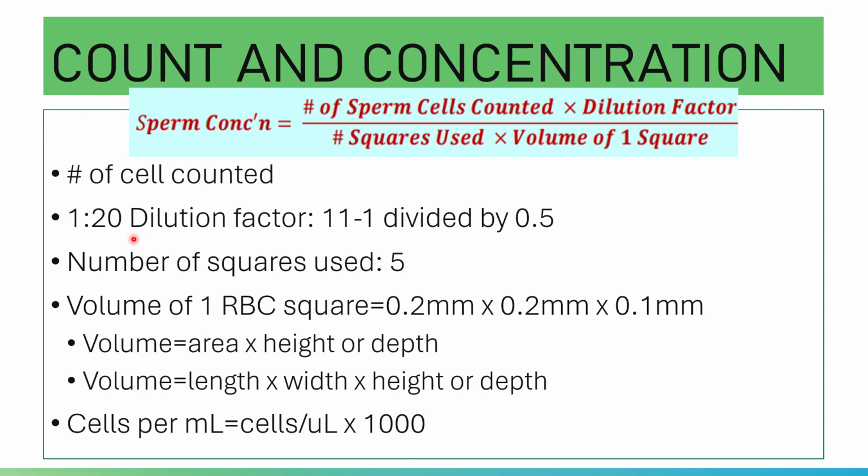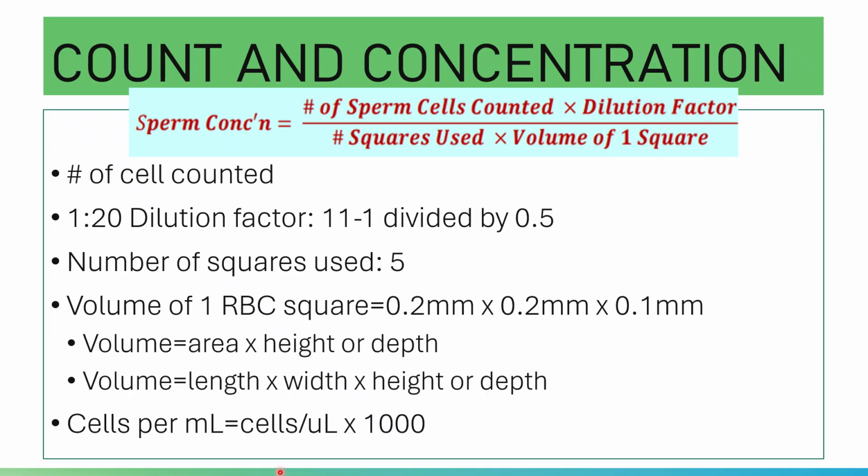So again, if you utilized your WBC Thoma pipette and your dilution is 1 is to 20, then your dilution factor is 20. So substitute DF as 20. There is no unit of measurement for this dilution factor; it is as is, 20.